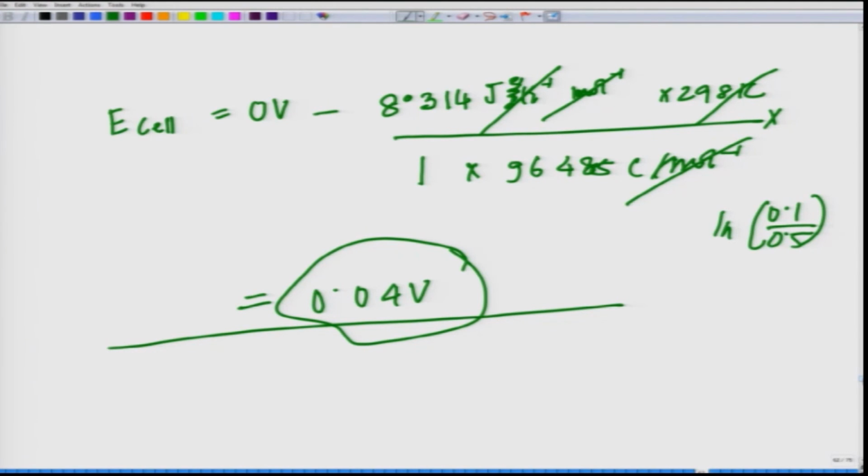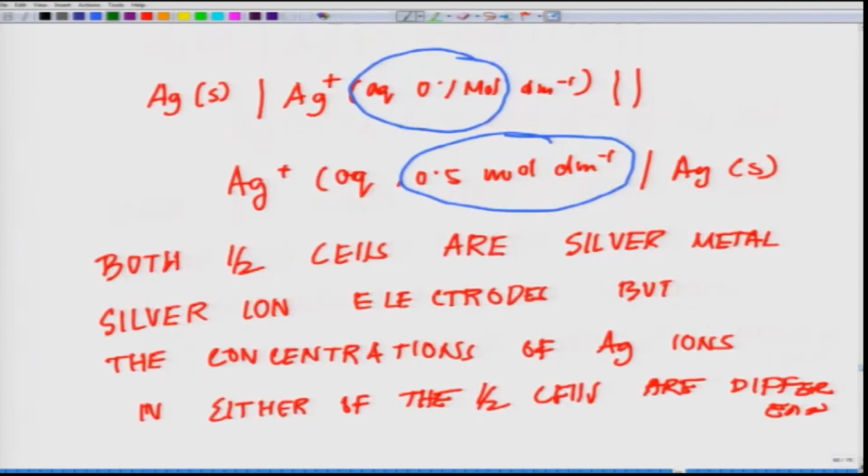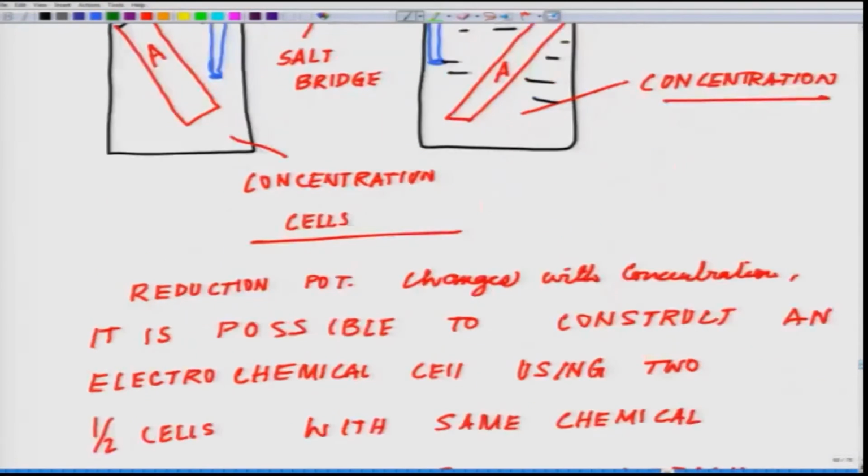Such concentration cells can be developed with the same electrode, and that is one derivation from the Nernst equation. Now we will gear up for the biological system where the relevance of the concentration cell comes into play. Thank you.